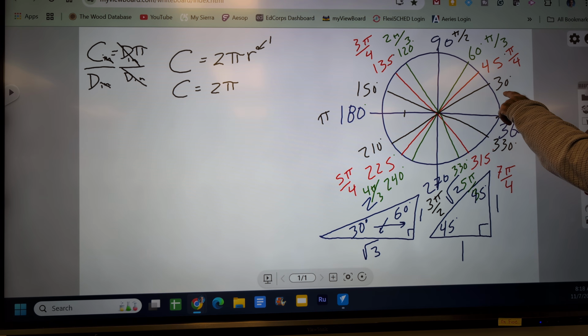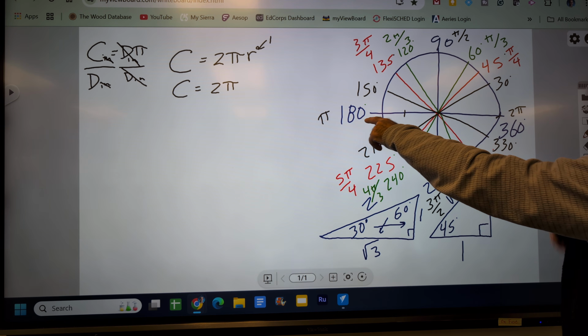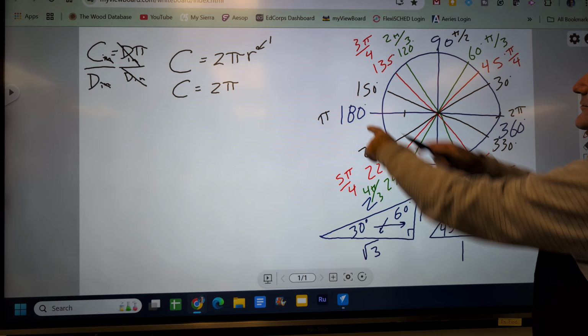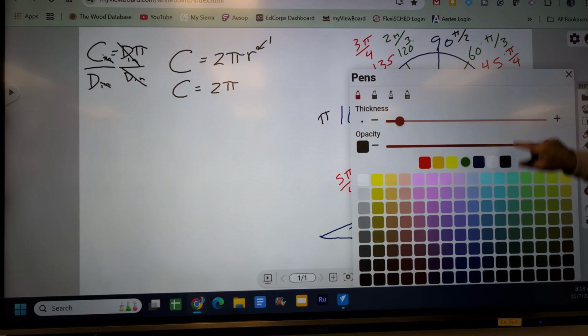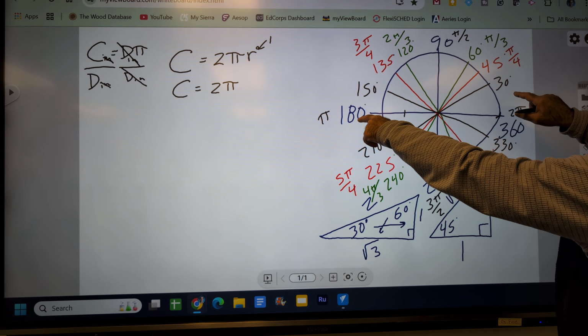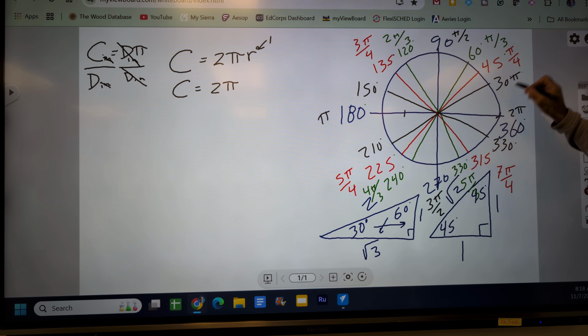Lastly, I'm going to do my 30s now. And my 30s are 1/6 of the way to 180, right? 30 is 1/6 of 180. So this is 1/6.